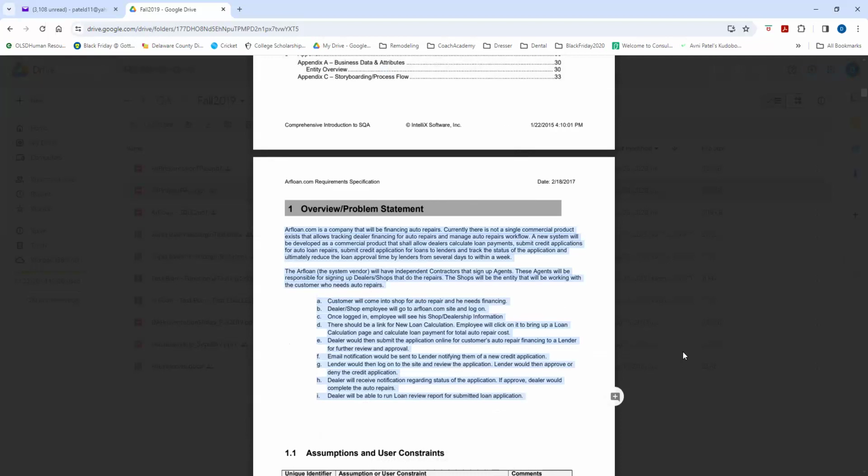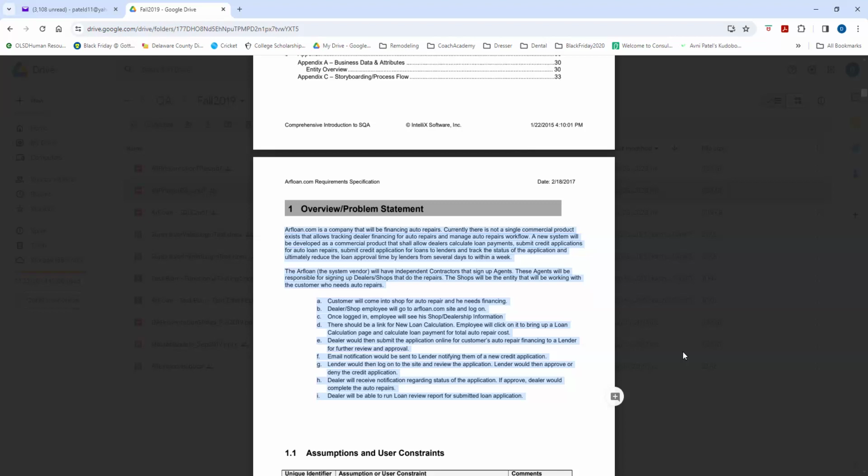So what happens once they sign up? The dealer says, yes, I want to use your platform to get more customers, or do more repairs, or get loans for my customers. So what Arfloan, the company who is paying for this system, will do is say, okay, dealers have signed up, now we need to set them up in the system so that they can start using it.